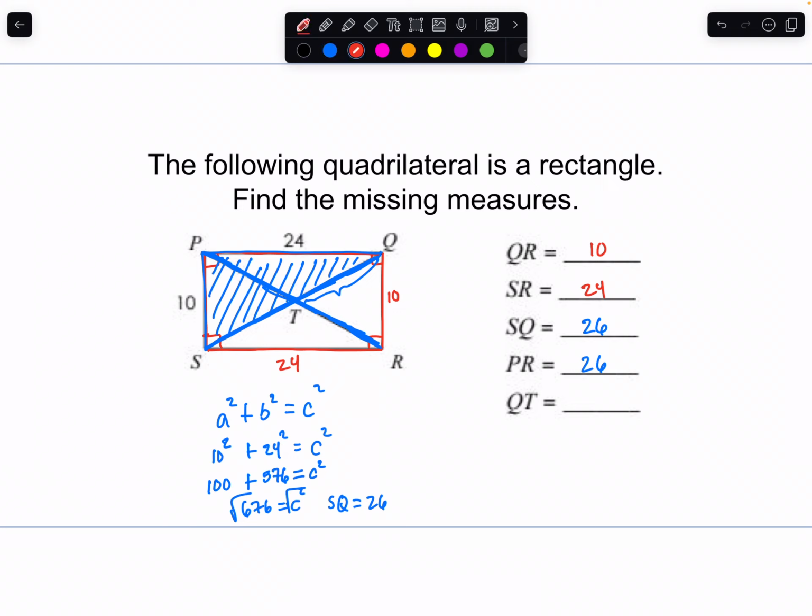The diagonals bisect each other. So this is still going to cut the segment into 2 congruent segments. So if I know the whole distance is 26, I can say that half of that will be 13, making this 13 and 13, where the total is 26.